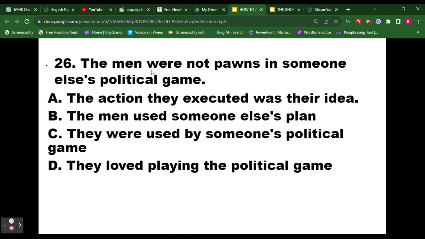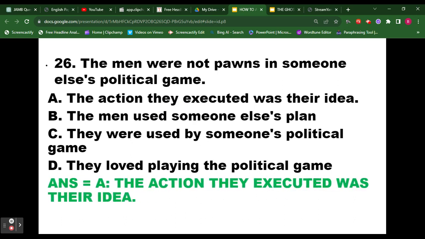But here they were not pawns. This means that the action they executed was their idea. They were not pawns, so they did their own thing. They were not playing second fiddle to anyone. So the correct answer is A. The action they executed was their idea.